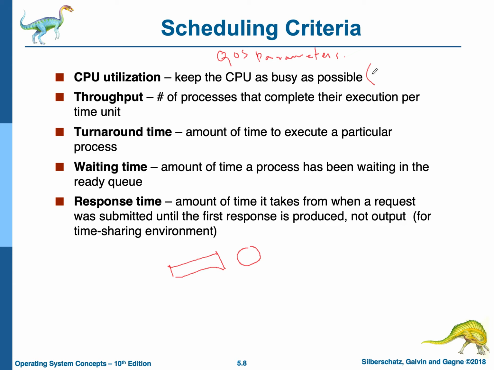Now theoretically this utilization might go from 0 to 100%. This is calculated in percentage, right? However, in real situations, it may not go to 100% every time.